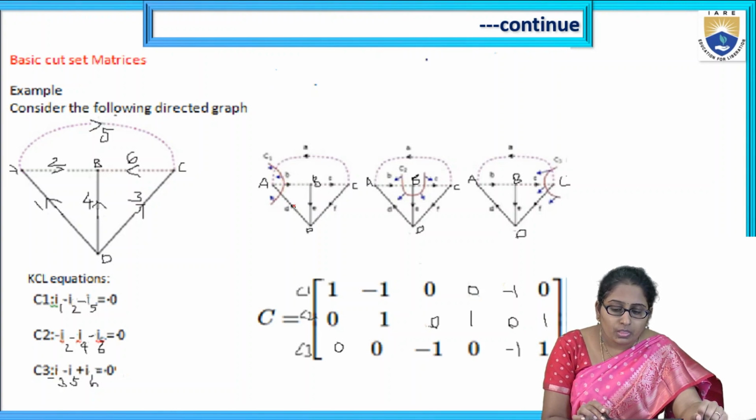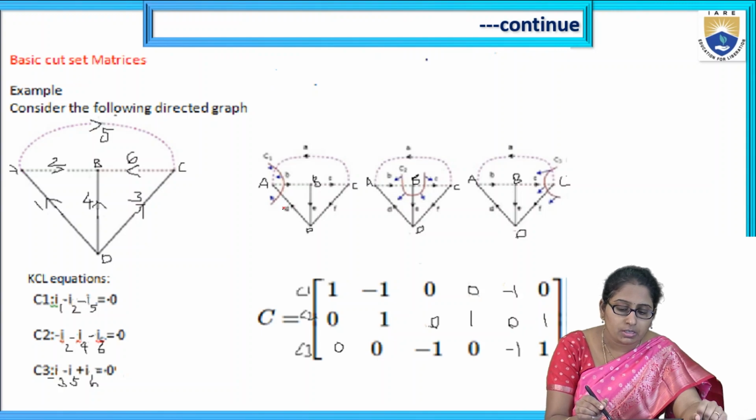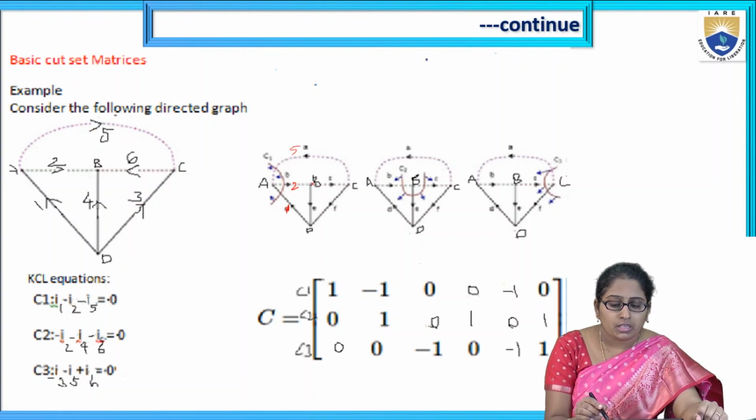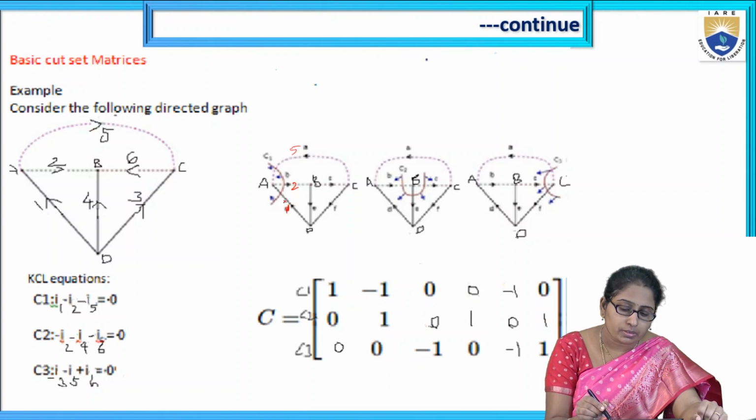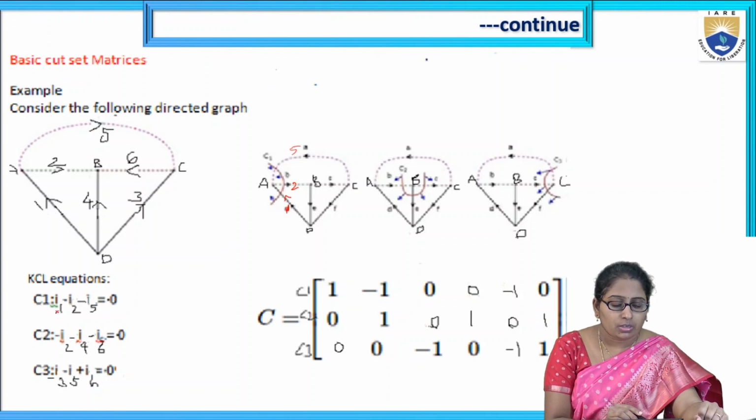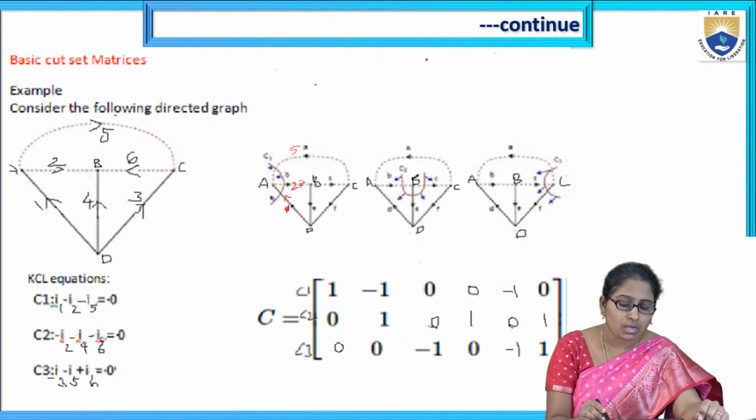Now, this is branch 1, this is 2, this is 5. Branch 1 current is upward, the same as the cut set orientation, so in the KCL equation it becomes I1. Next, branch current I2 direction is opposite to the cut set orientation, so minus I2.